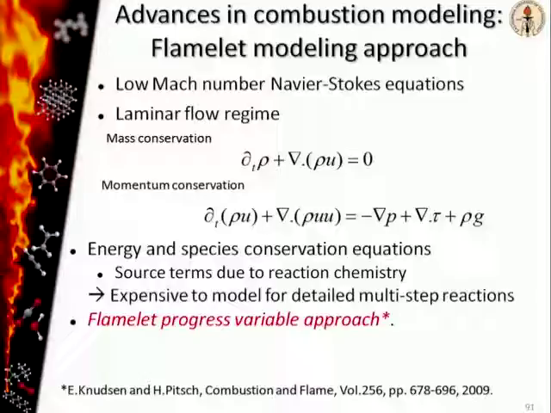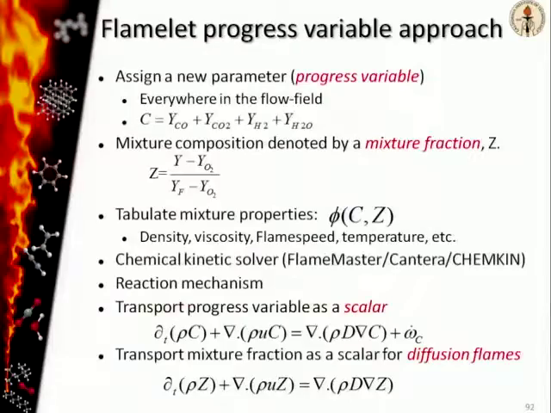Now you get back to the problem of how you include detailed chemistry without exceeding your computational resources. So the way that we do it is by using something called a flamelet progress variable approach. Now, I definitely don't have enough time to go over the technique, but I'd just like to give you a flavor for it.